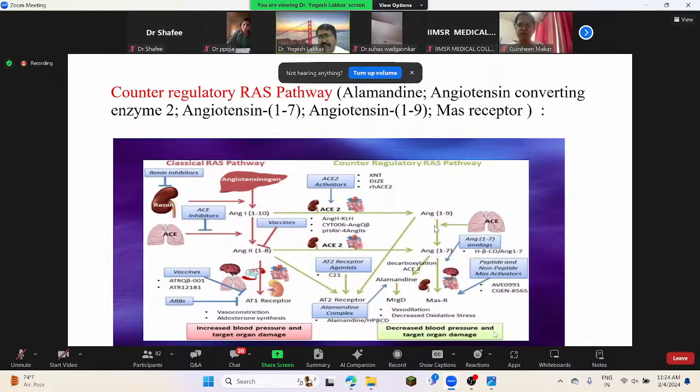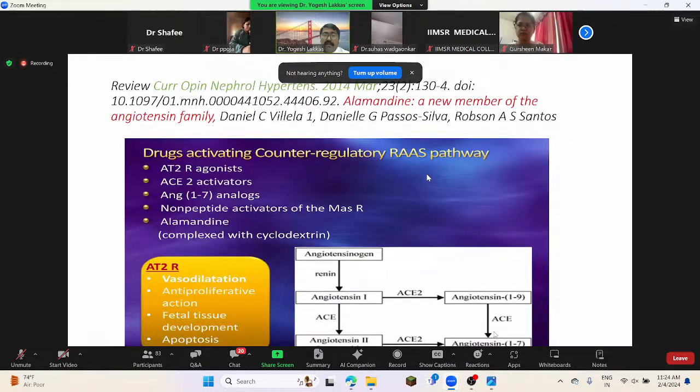This is the area of interest for research nowadays. Various molecules are acting at these levels, and various trials are going on with these molecules. This is the important aspect, that these will be available to us to decrease blood pressure and to prevent target organ damage. As already discussed, this is an important pathway.